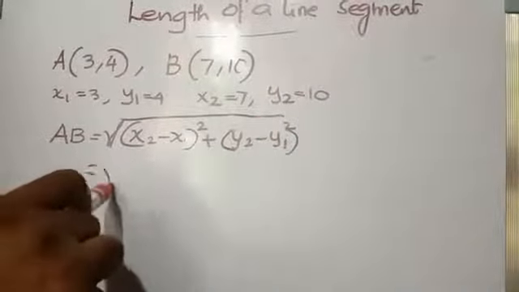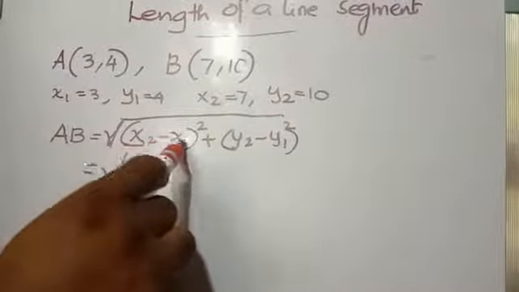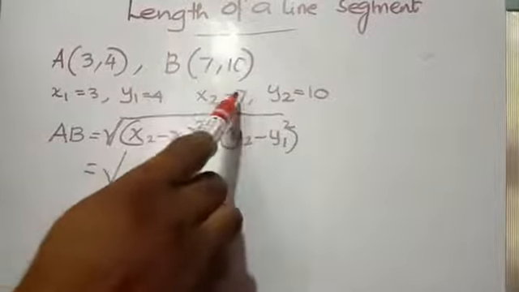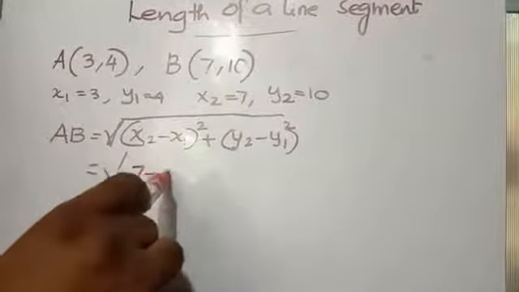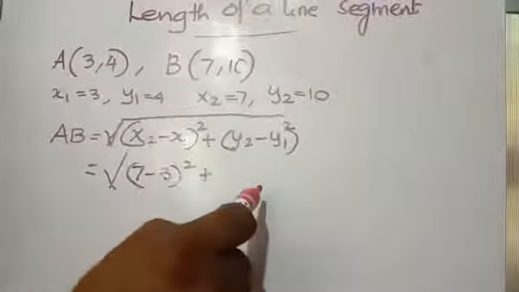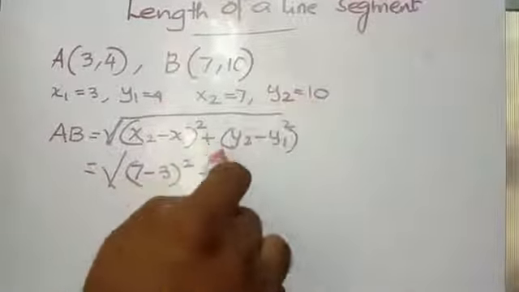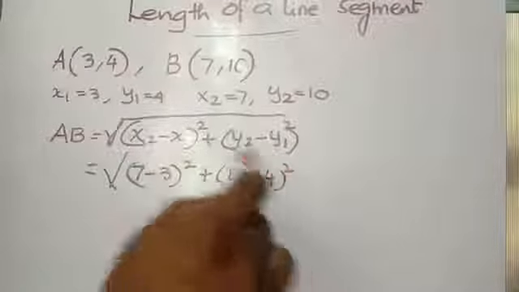which is equal to under the root x2 minus x1. You know, x2 minus x1 means a change of x. x2 is 7 and x1 is 3. That means x2 minus x1 is 7 minus 3 the whole square plus y2 minus y1 the whole square, that is 10 minus 4 the whole square.